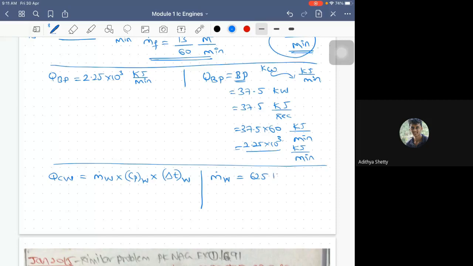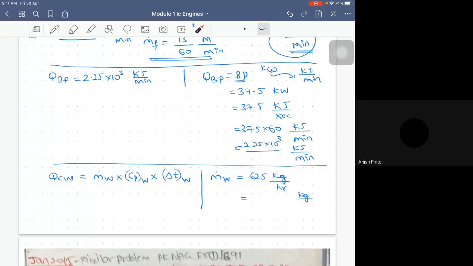625 kg, but is it per hour or per minute or per second? It's per hour, right? So I need the value in kg per minute, since it is a per-minute basis calculation.